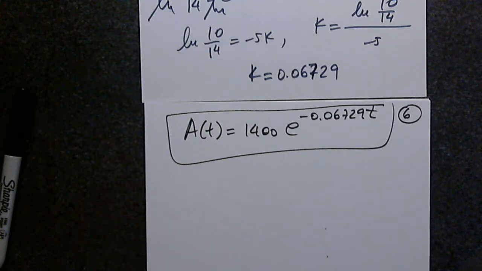Part B: once the population drops below 100, the situation will be irreversible. When will this happen?